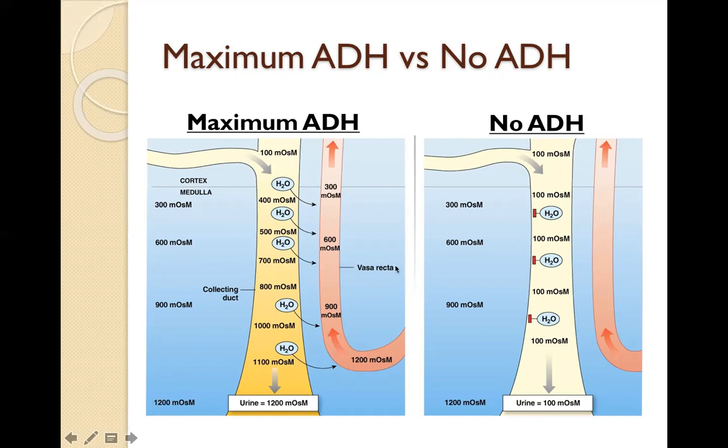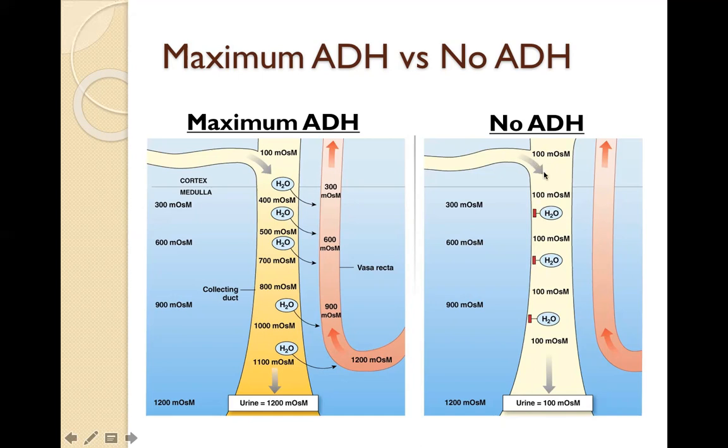With absolutely no antidiuretic hormone released, there is your filtrate entering your collecting duct. But because there's no antidiuretic hormone, this collecting duct is completely impermeable to water. So even though water would like to leave, it can't. This membrane is impermeable to water.